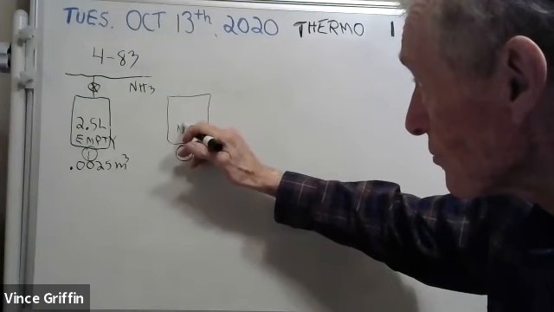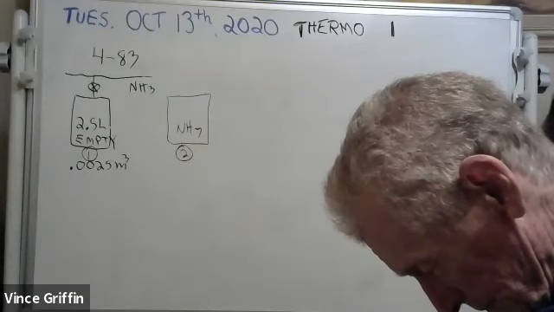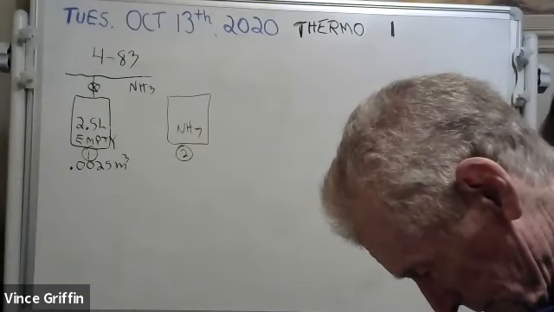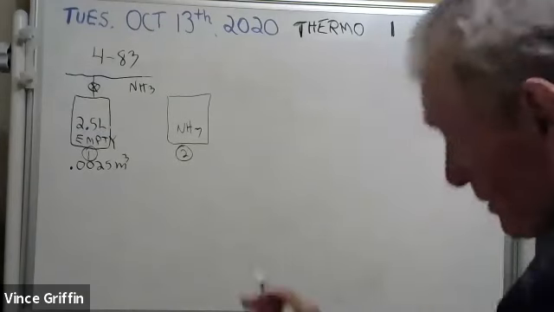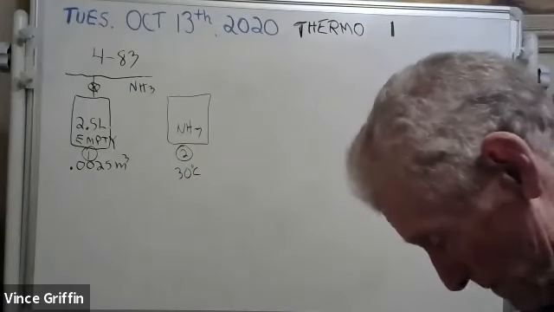Now we've got ammonia inside. Do we know how much? They don't tell us that, but they do tell us the temperature is 30 degrees Celsius.